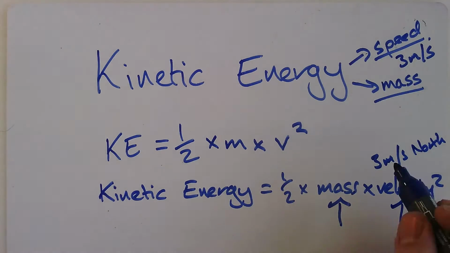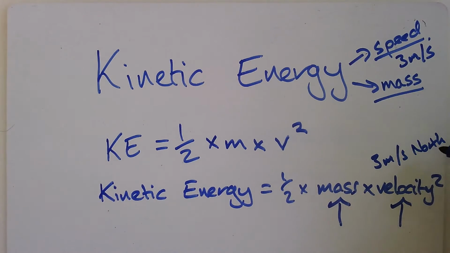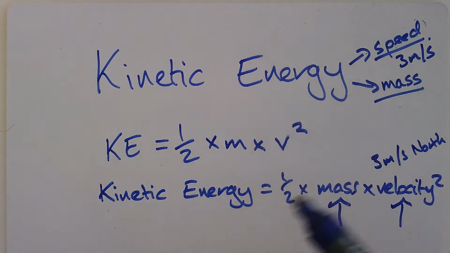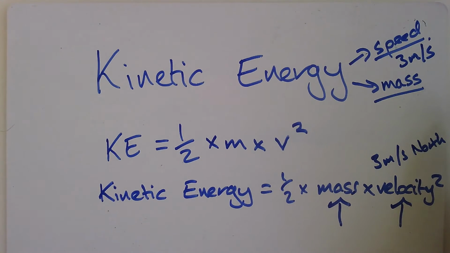Now, you can switch off for the next couple of seconds if you don't care much about maths. In terms of physics, this direction goes away when we square it. So squaring it will get rid of this direction. So effectively what we do here is we use speed anyway, right? So we don't worry about it being a vector when we're working out kinetic energy. The squaring gets rid of that.